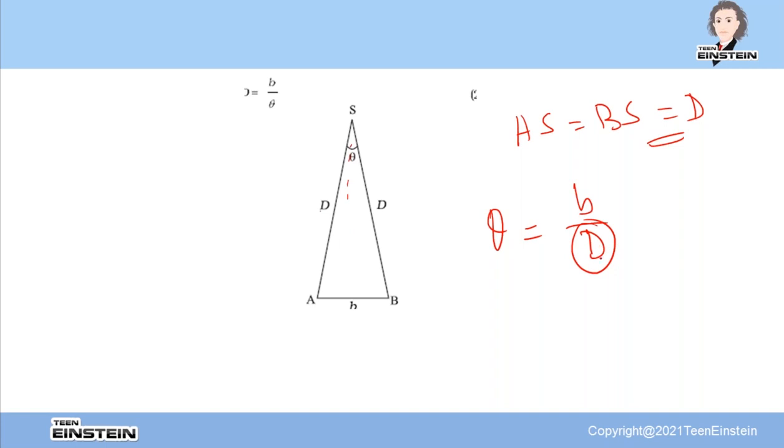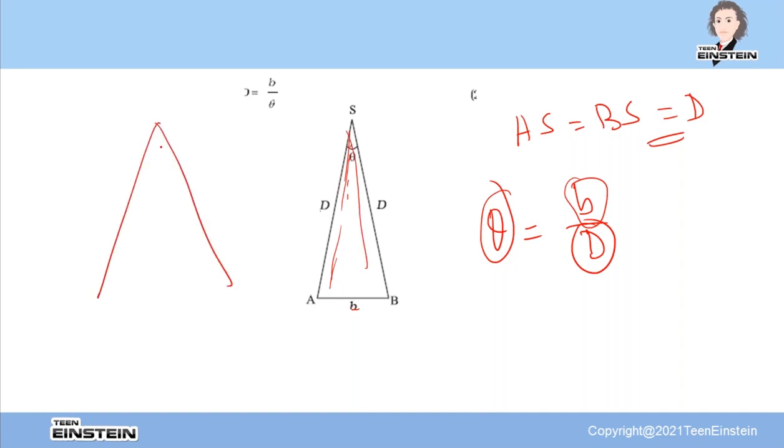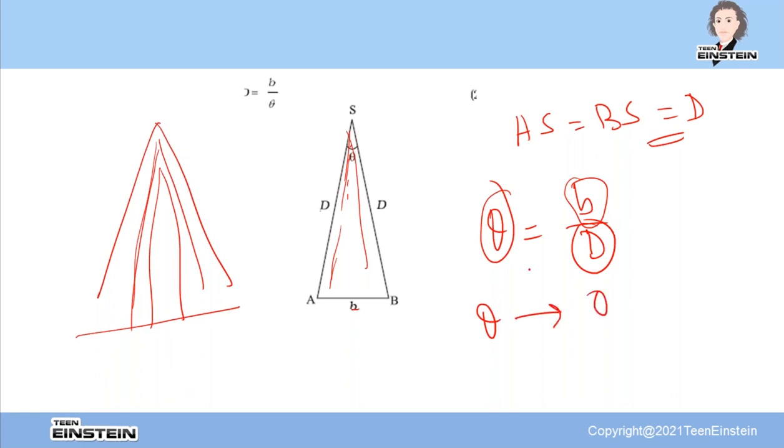It can be like this, or like this; I can reduce the angle. So eventually, when theta tends to 0, AS and BS will be perpendicular to AB. This you can write.